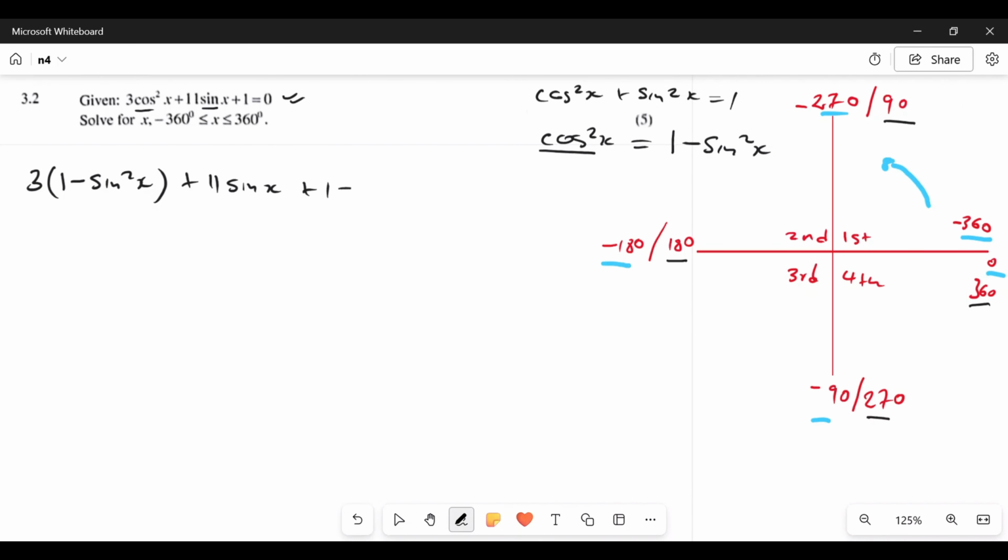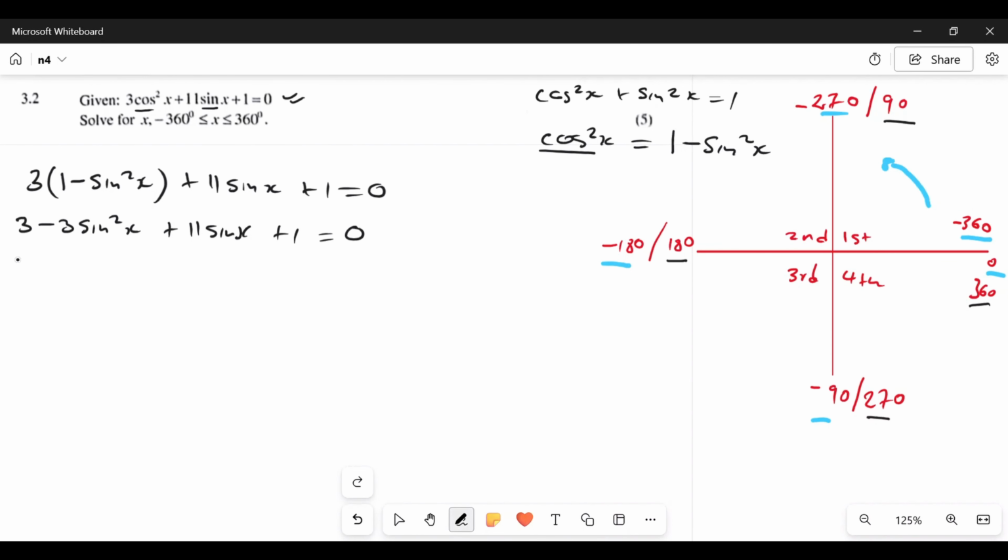Right, so we need to remove the brackets. Obviously, if you remove the brackets, we're going to have 3 minus 3 sine squared x plus 11 sine x plus 1, all this equaling 0. Right, so from here we deal with the like terms. If you look at this 3 and that 1, they can add to each other. So you'll have 3 plus 1, that's going to give us 4.